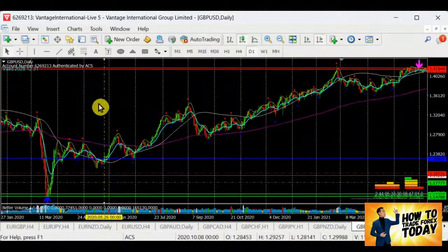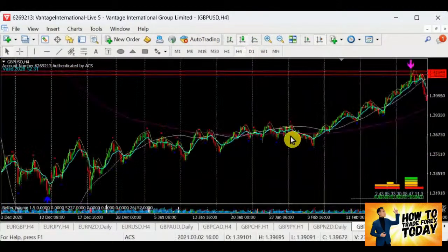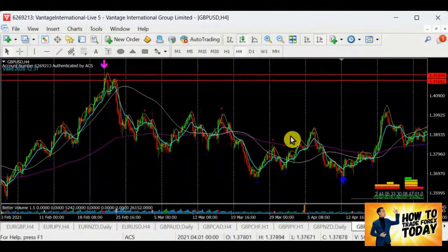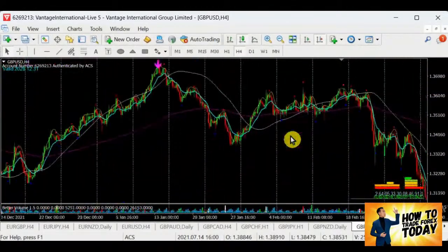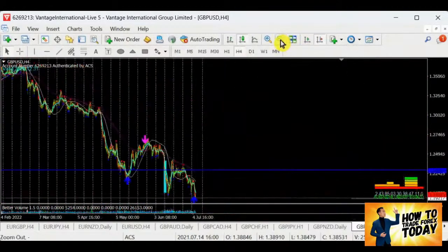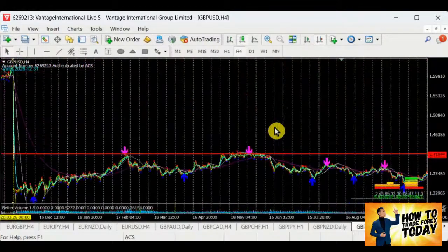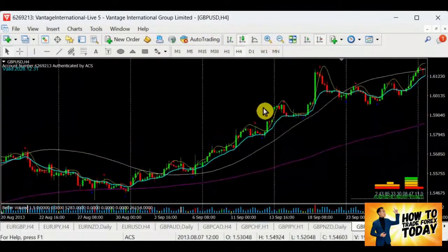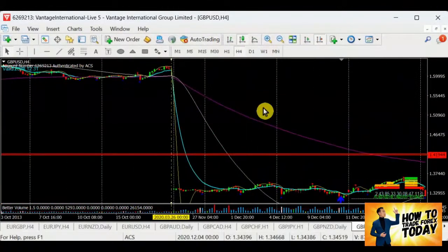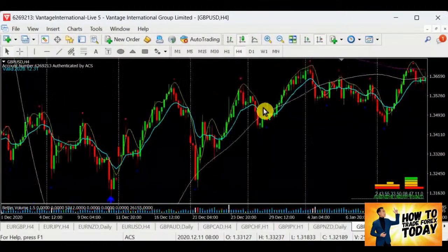Mark out the support so that it's easier. This has to be very clear so that we will be able to see what we are heading for. Wow, this support is actually pretty strong in a way.